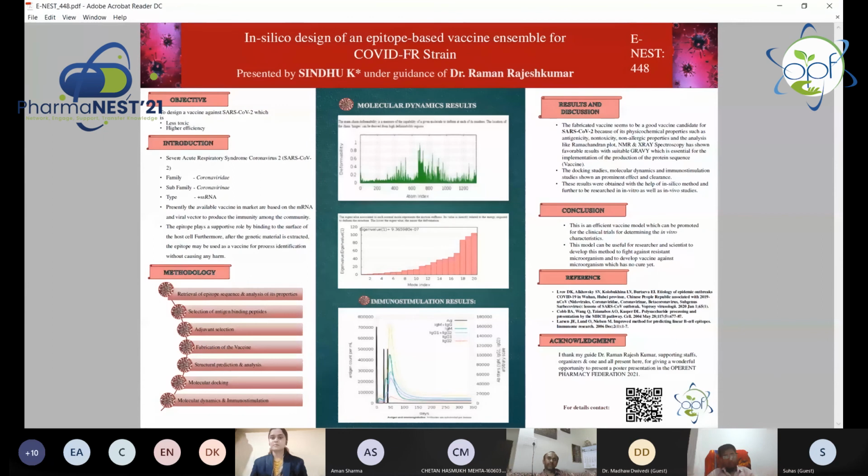So what is that sequence, or how many molecules you got during your docking study? We got several results, sir. The best is CLR 3 with a global energy minus 31.96. Okay.